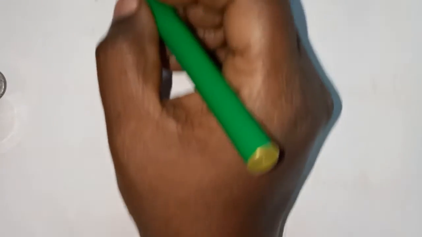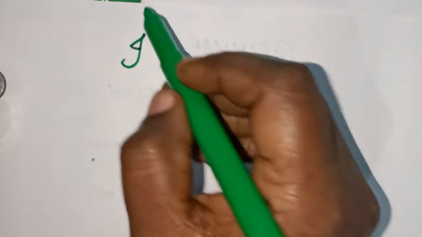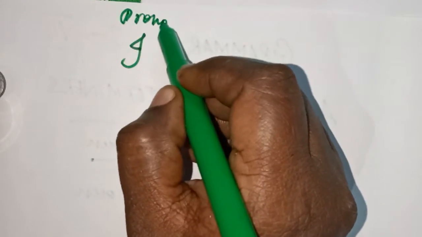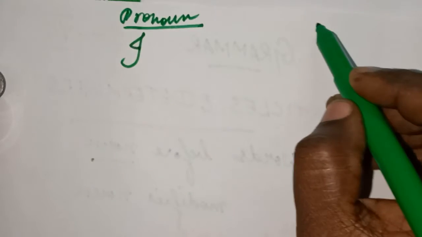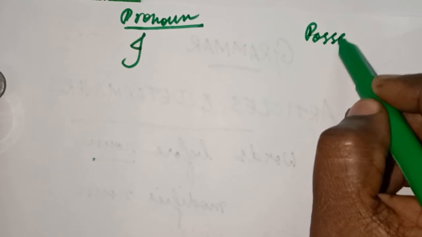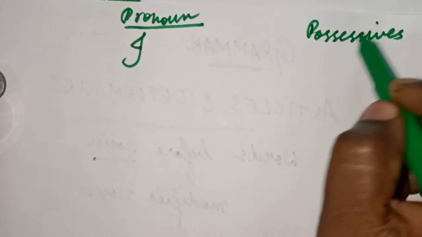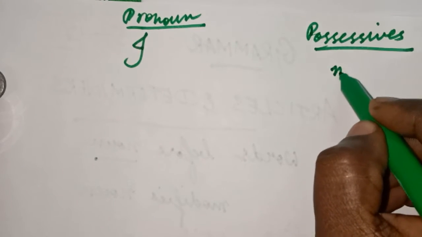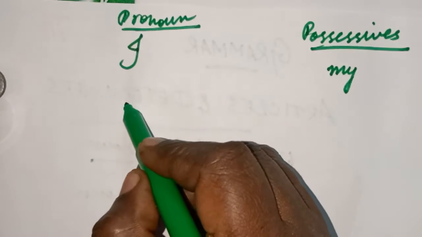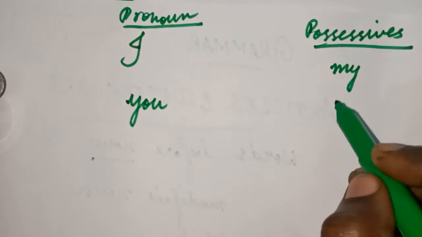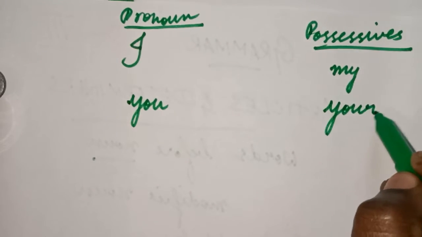Here we have some pronouns and their corresponding possessive adjectives. For example, we have I. Here we have the pronoun, and here we have the possessives. I will change to my. You will change to your.